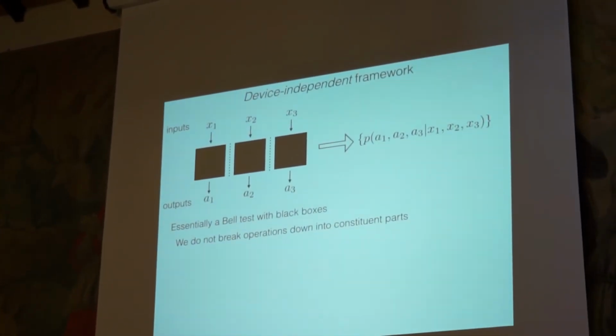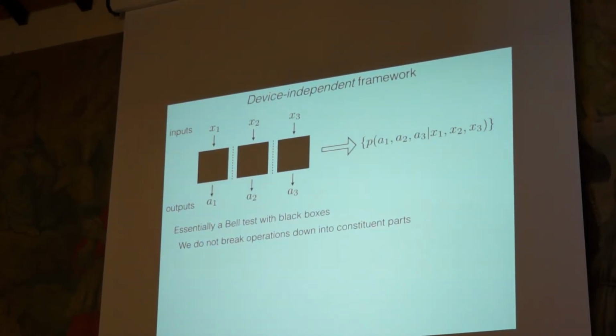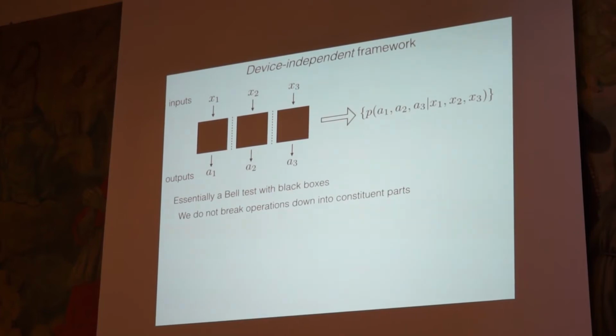Because these are black boxes, we're not really breaking up the operations into constituent parts. We're not directly studying the preparation devices and measurement devices. For us, these are just black boxes that produce some classical data from which we can generate statistics.